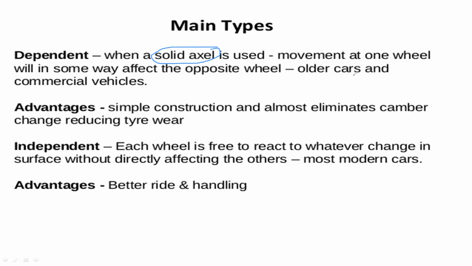If a bump occurs and one wheel takes the suspension effect, automatically the other wheel of the vehicle also takes that effect. The opposite wheel also takes that vibration or damping forces, okay. That is what happens in the dependent suspension system. This dependent suspension system is used in older cars and commercial vehicles only.